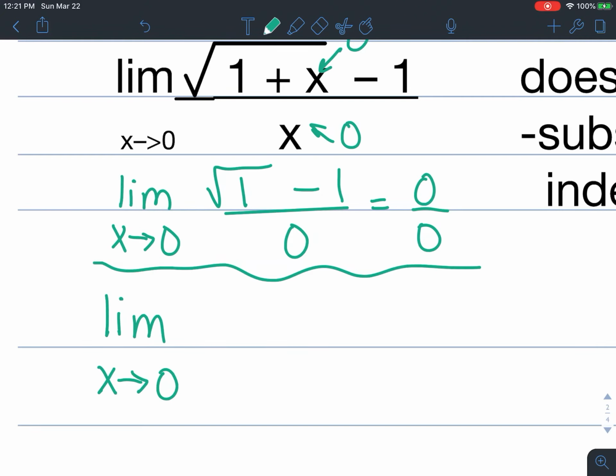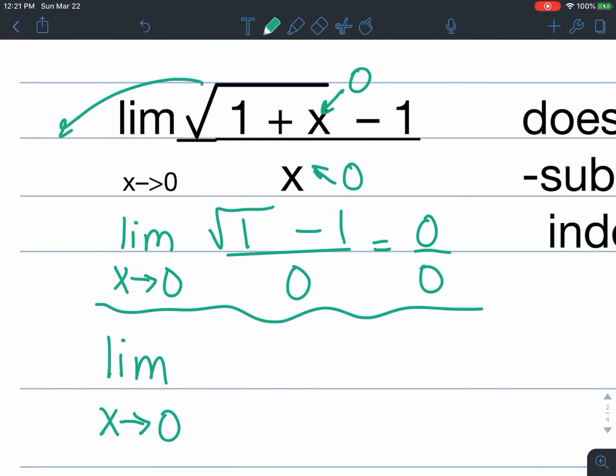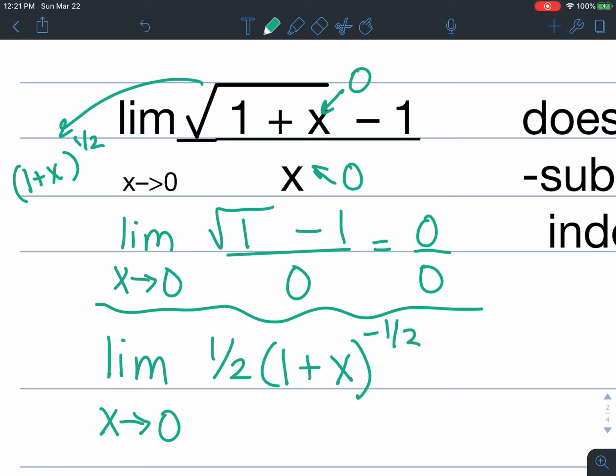The derivative of the top, because this would be 1 plus x to the 1/2, would be 1/2 times 1 plus x to the negative 1/2 times the derivative of the inside, but that's just 1. And then minus the derivative of 1, which is 0, and all over the derivative of x, which is 1.